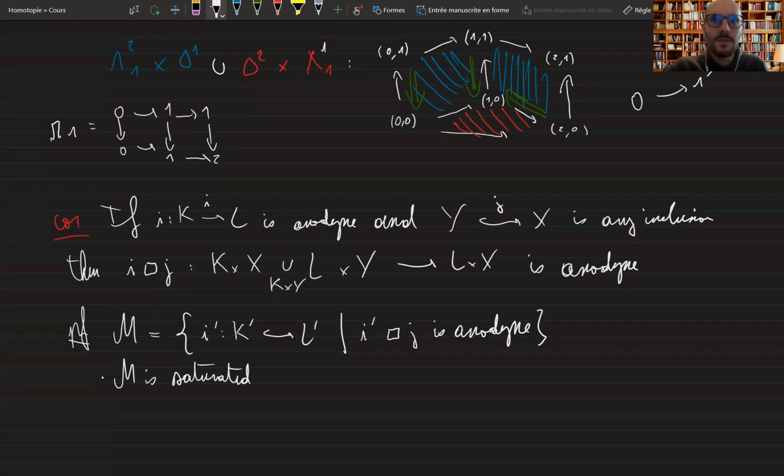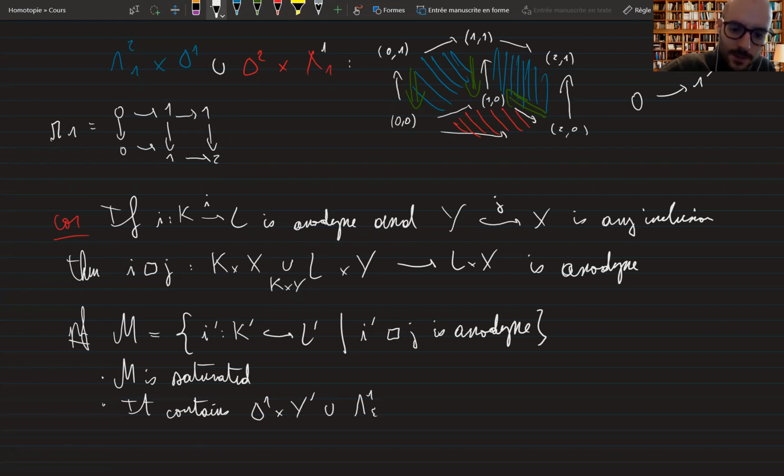So actually, if you read my notes, you will see that I have the same lemma, but I prove it in some kind of ad hoc way. This is where the theory of anodyne extensions shines, right? You don't have to do it in an ad hoc way. And moreover, it contains delta 1 cross y prime union lambda 1 epsilon cross x prime included in delta 1 cross x prime for all y prime included in x prime.